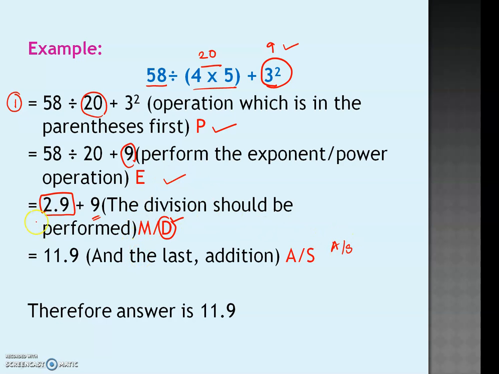We have the addition part left over here, so directly add and find the answer. The perfect answer of the above expression is 11.9. So this is how the Python interpreter follows the priority of operations to give you the desired or perfect output.